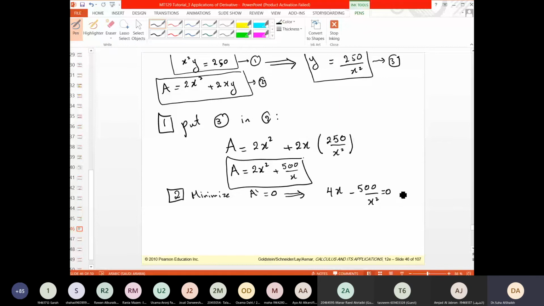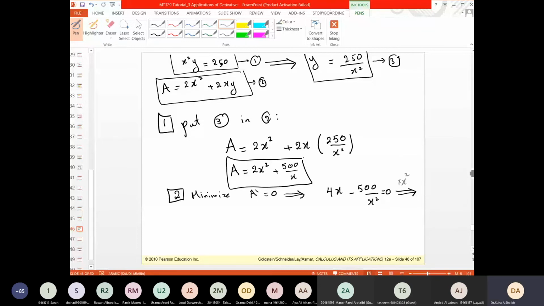How can I solve such a thing? I multiply the whole equation by x squared, right? To cancel the x squared that I have at the bottom. Yeah, you are correct, Maryam.